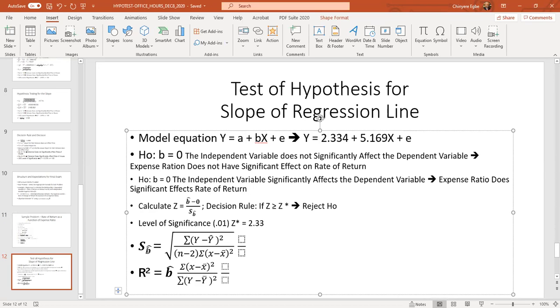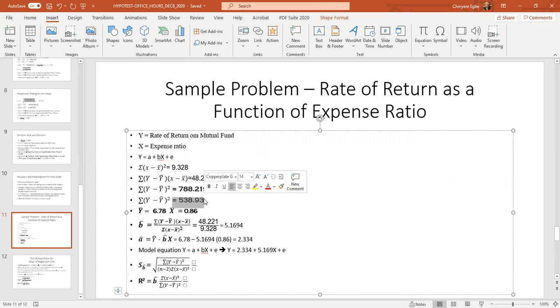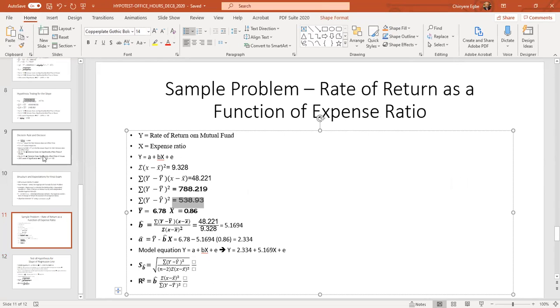The standard error of B hat uses the summation of y minus y hat squared, and we already gave you that information. It's 538.93, the summation of y minus y hat squared.